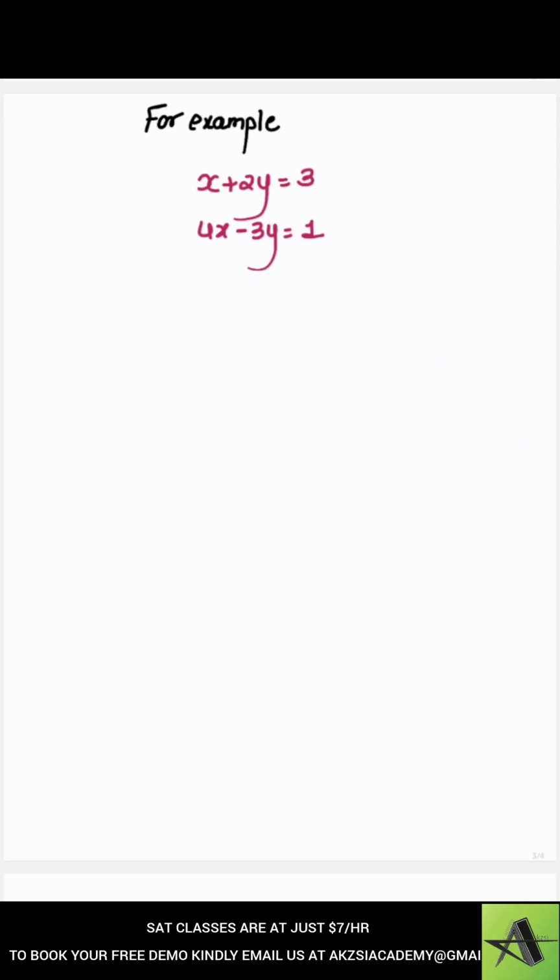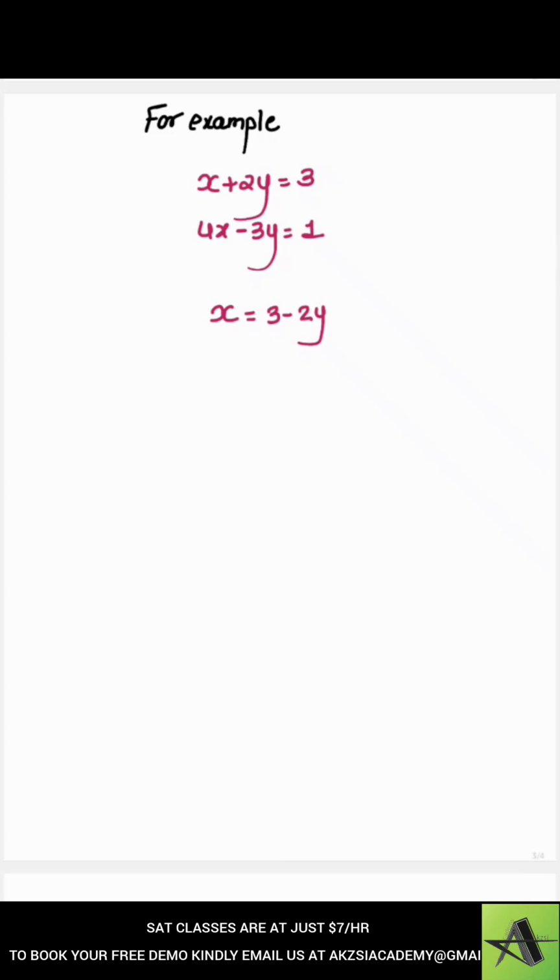So I have to calculate the value of x in terms of y, which means I need to make x the subject, or I need to make x alone. I need to isolate x. So if I want to isolate x, I need to move 2y to the right hand side. So I transpose it and I'll get 3 minus 2y. So what I did, I actually made x the subject here.